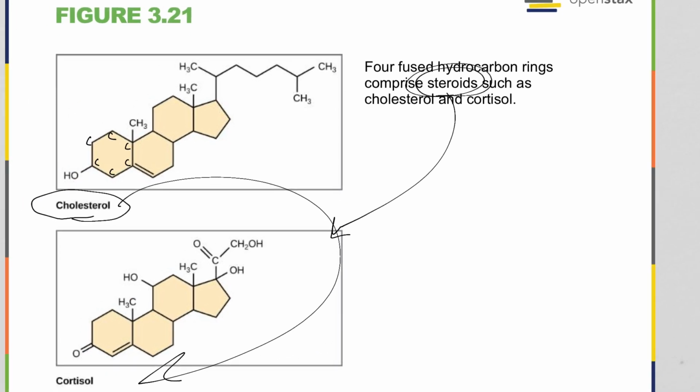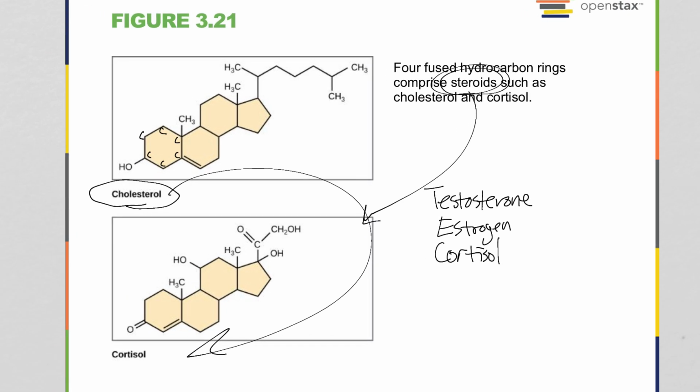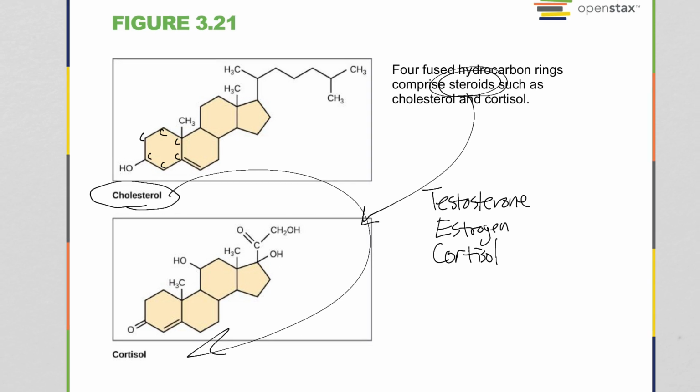So your list of steroids includes important hormones like testosterone, estrogen, cortisol that you see in the picture down to the right, other hormones like aldosterone, many, many things that you'll see if you eventually move on to a physiology class.